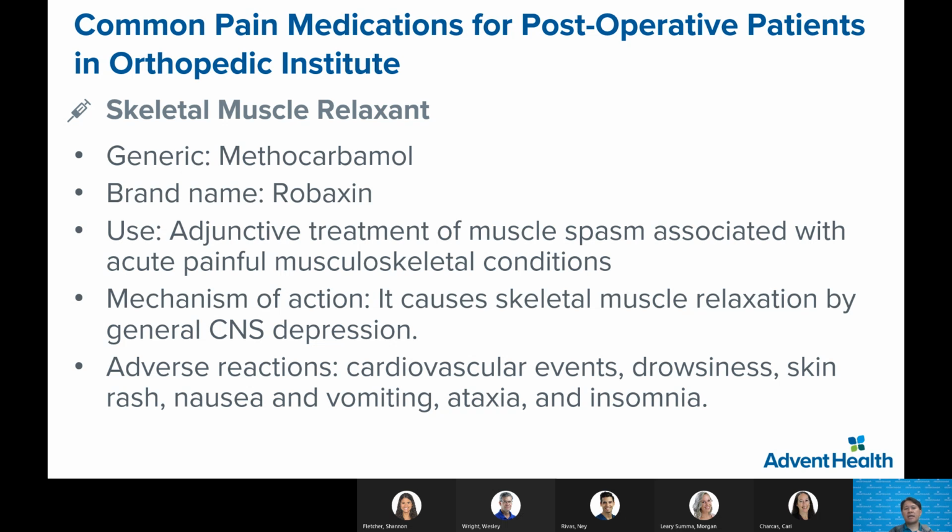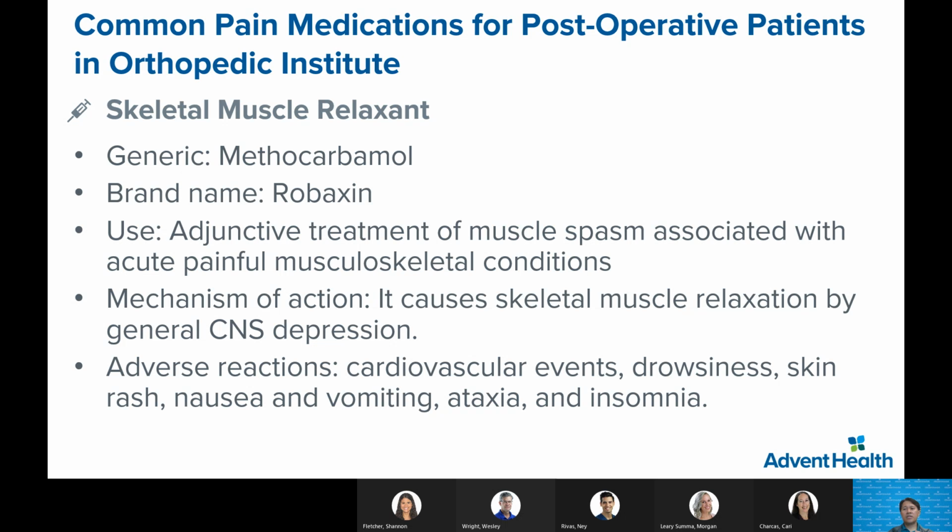Next will be the skeletal muscle relaxant. Although this is not a pain medication, this is an adjunct treatment for pain. It is utilized for acute pain due to the muscle contraction and spasm resulting in immobilization. It does not affect neuronal conduction, neuromuscular transmission, and muscle excitability.